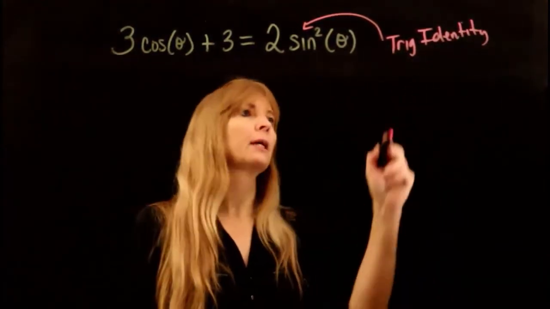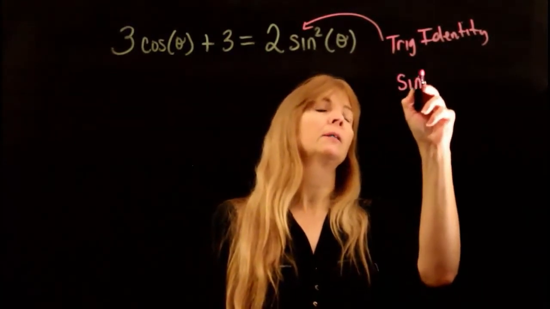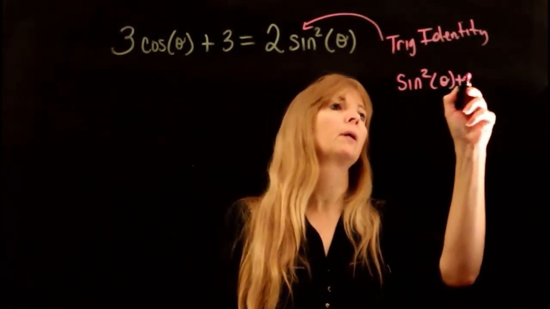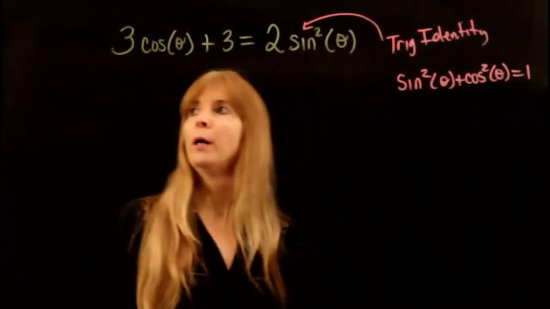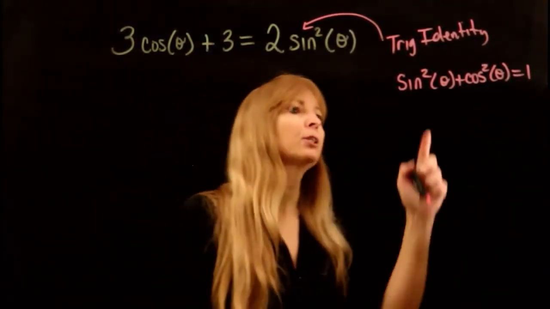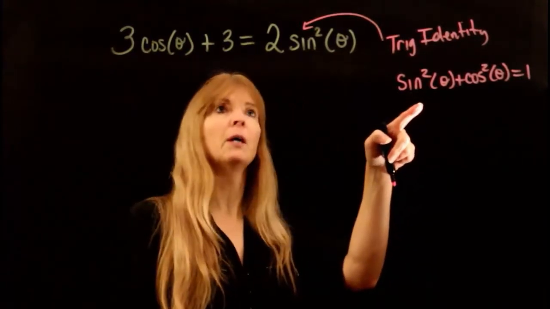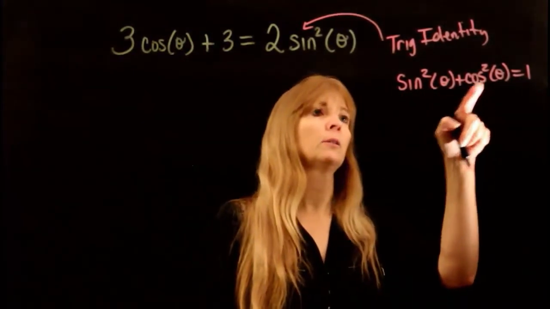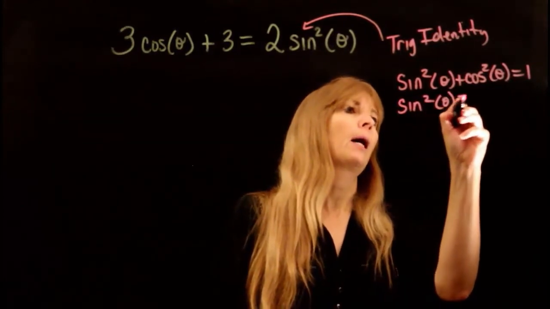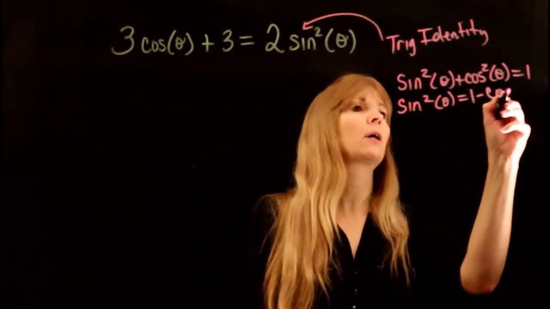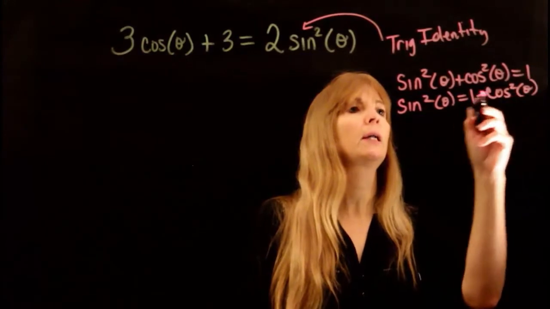So remember the trig identity, sine squared theta plus cosine squared theta equals 1. Well, I could actually put this in terms of sine squared. So in other words, solving for sine squared, I get 1 minus cosine squared theta.